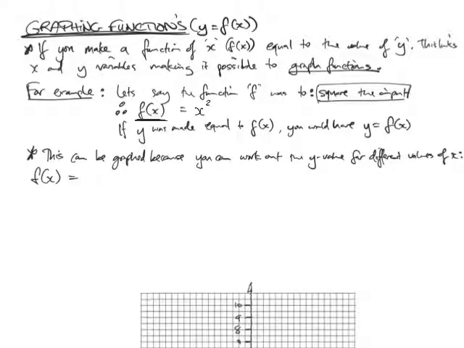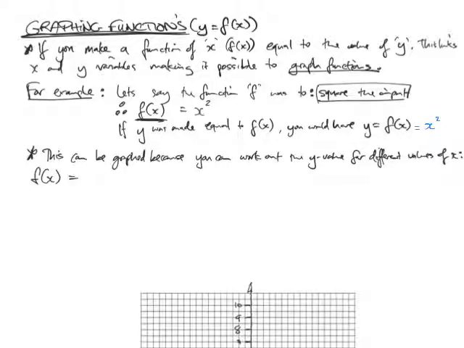The input is x in this case, so the output is going to be that input of x being squared. So if you made y equal the function of x, you would have y is equal to the function of x, which at the same time is equal to x squared.